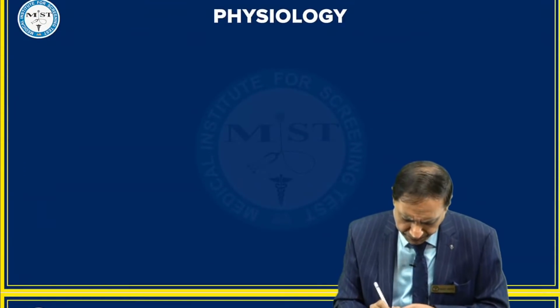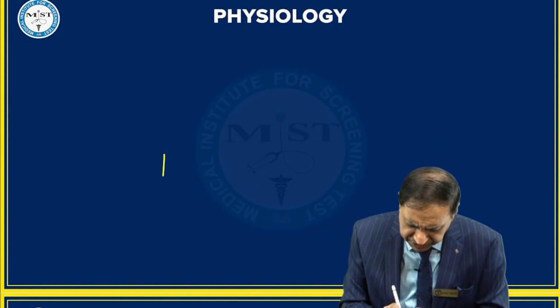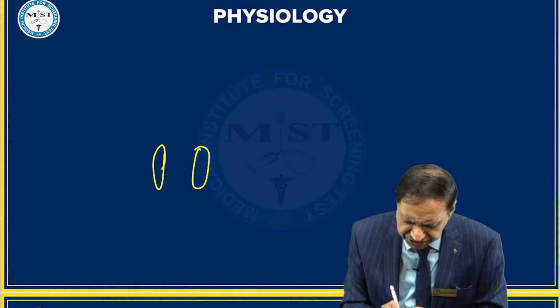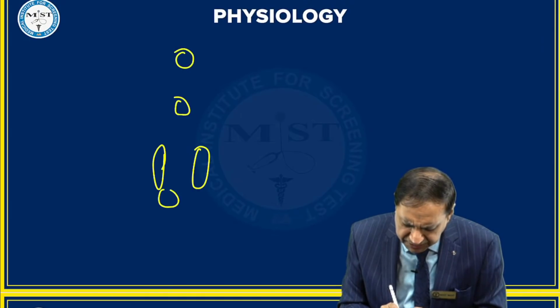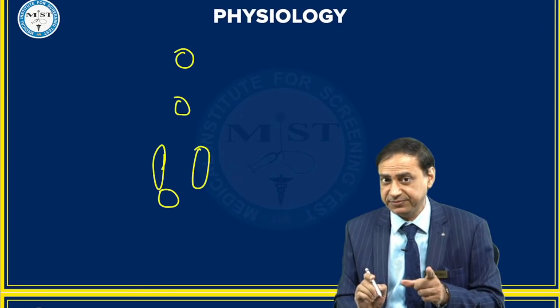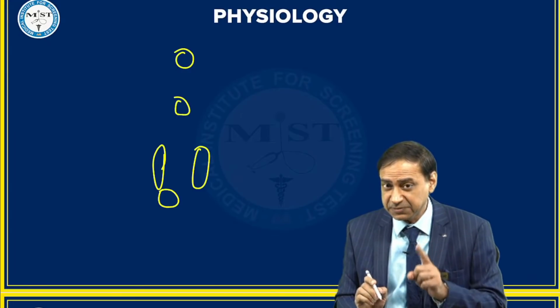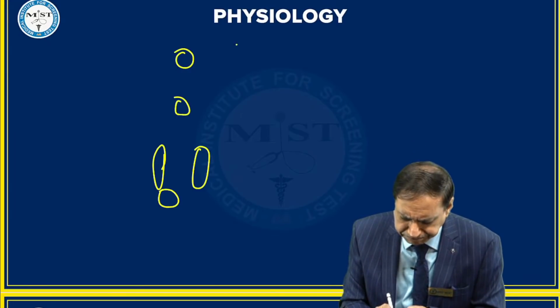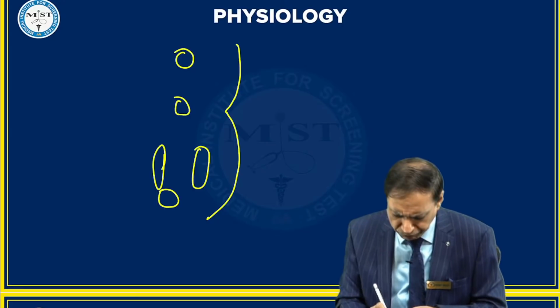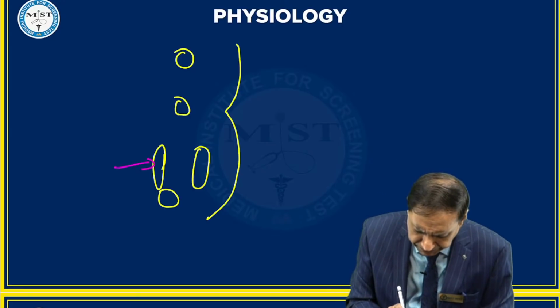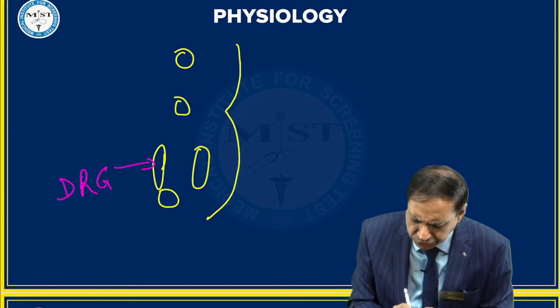Just see. DRG, VRG, apneustic, pneumotaxic, and we have a pre-Bötzinger complex. These are the respiratory nuclei. This is the anterior surface of the pons, this is the anterior surface of the medulla. So what are the nuclei? This is DRG, dorsal respiratory group.